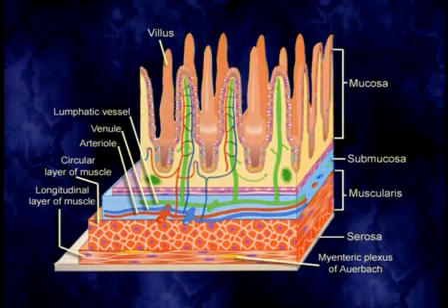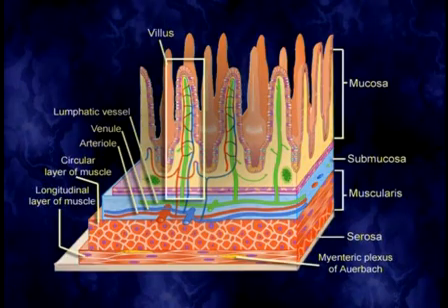This is where all that stuff that we have tried to chew up and digest and chemically break down is going to get absorbed. The villus, or villi plural, is a tuft named after a tuft of hair, and they're finger-like projections into the mucosa. A single villus is what we call the functional unit for absorption.